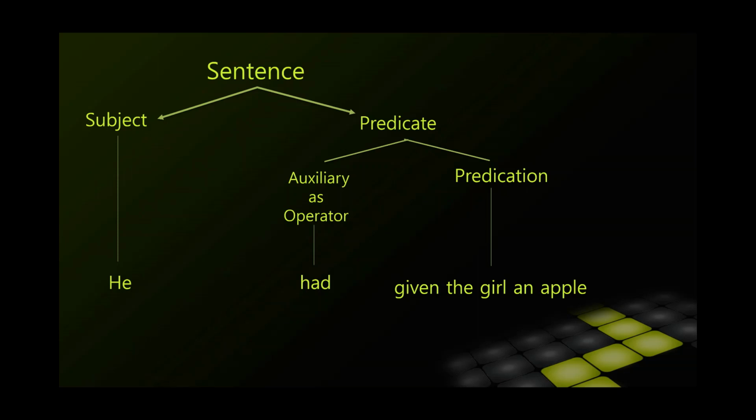Also, subject determines concord. In a previous video, we talked about subject-verb agreement. This is exactly the same. When I say subject determines concord, then I'm talking about subject-verb agreement. Also, you need to understand that subject can change its position.